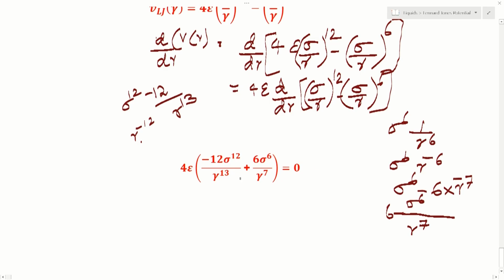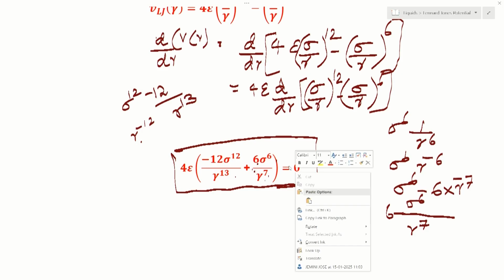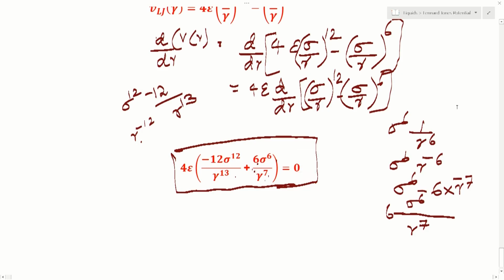Therefore, finally we get the differentiation dV by dr, that is for the minimum potential energy of the molecules, as 4 epsilon times minus 12 sigma to the power 12 divided by r to the power 13 plus 6 sigma to the power 6 divided by r to the power 7, is equal to 0. This is the dV by dr value.